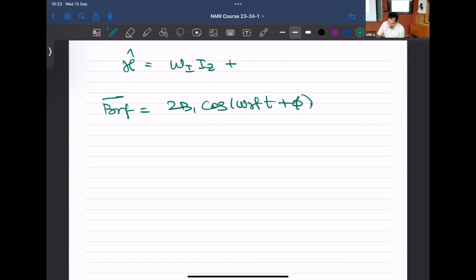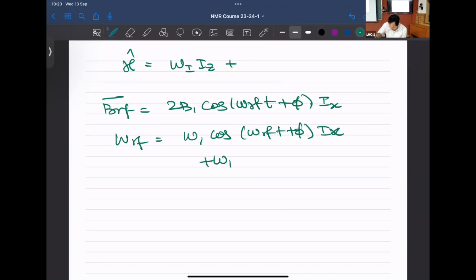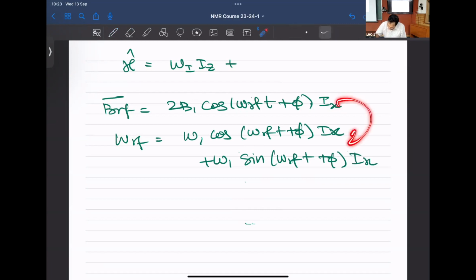We had an I cap in it, which we can think of as an Ix type operation. And if you want to convert the B1, basically omega_RF would become omega_1 cos(omega_RF t plus phi) Ix plus omega_1 sin(omega_RF t plus phi) times Iy. How did I go from here to here?